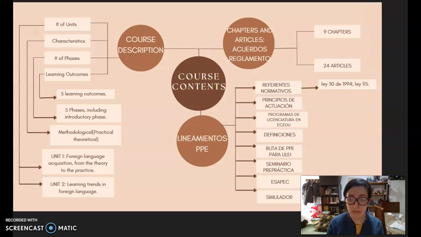Now I will tell you briefly about the chapters and articles of Acuerdos Reglamentos. So, there are 9 chapters and 24 articles in the content, and all of them are based in Colombian law.